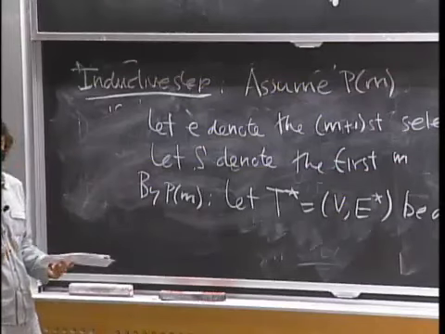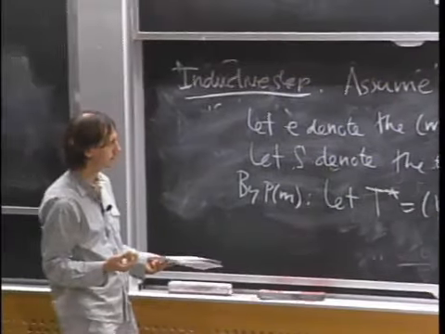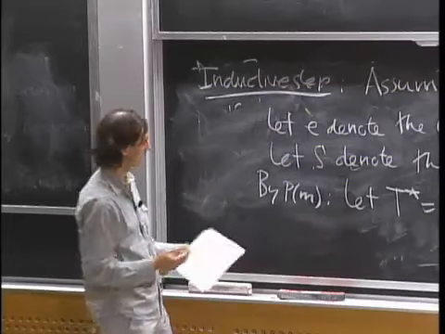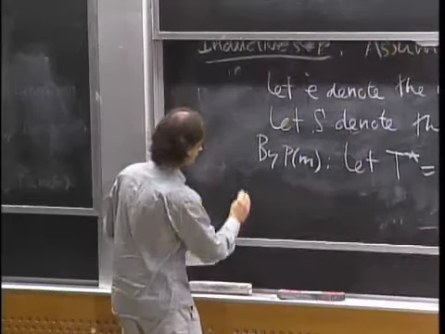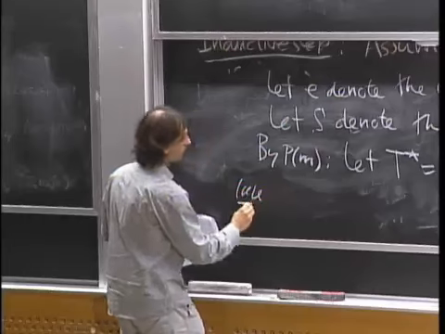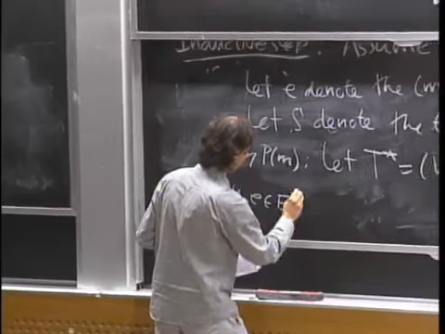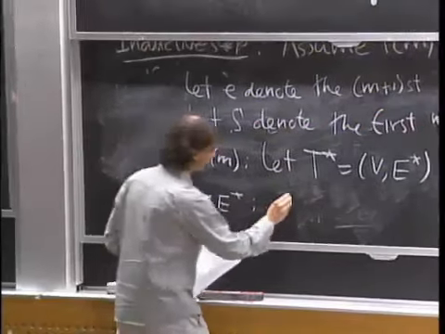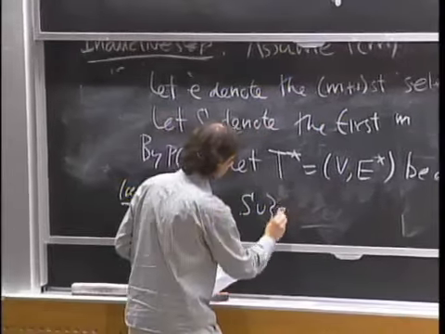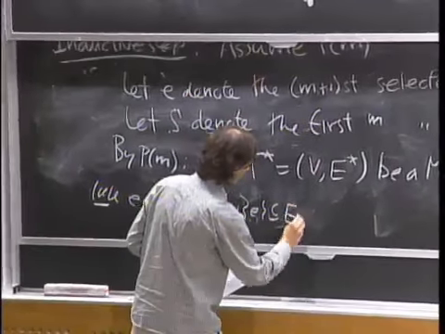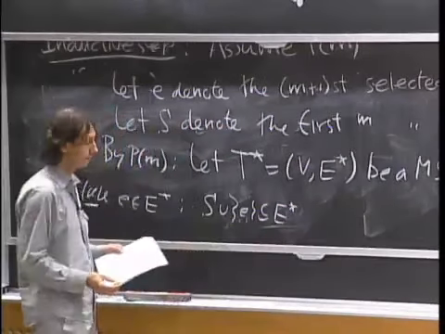So what kind of cases can we handle here? Well, what would be a really good first case? The first case could be that E is actually already part of E star. Well, if that's true, then of course S together with E is also a subset of E star.